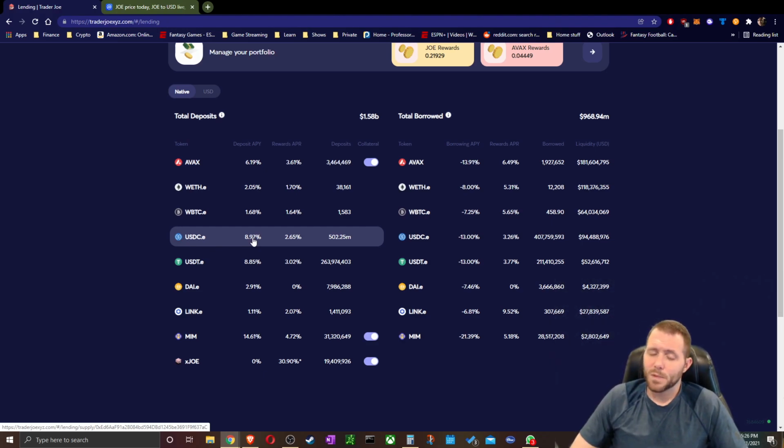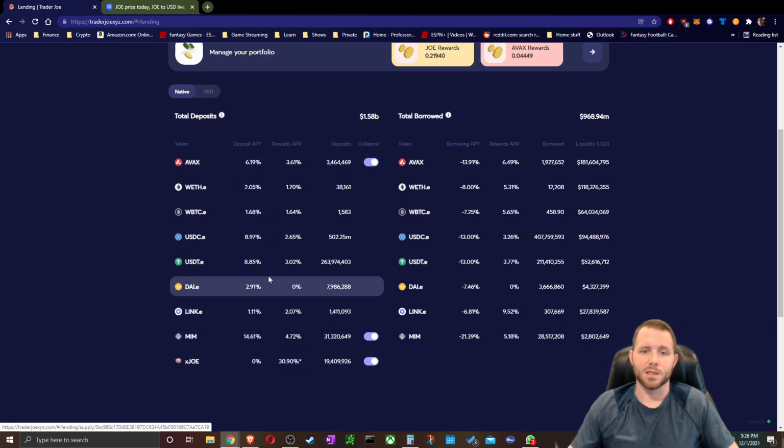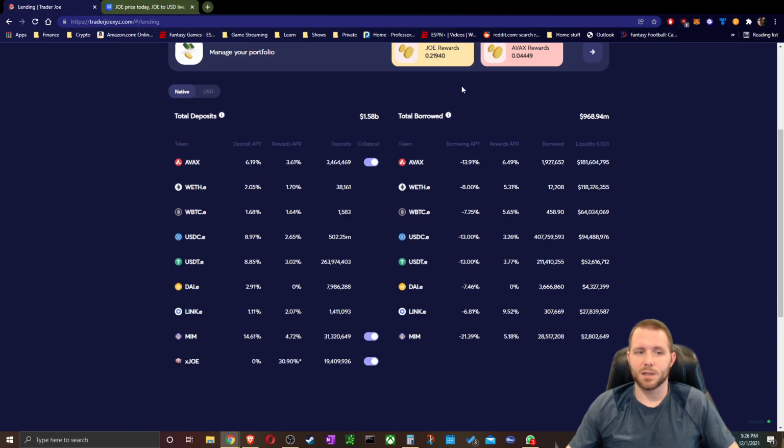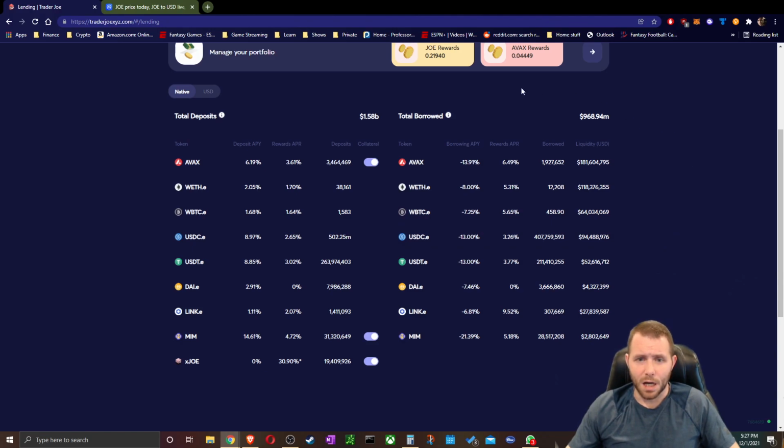So what we want here is, okay, we have a way to now make sweet APYs on any of these tokens. And let's look over here at the borrowed side and see what's going on, and then we'll explain how we can do a more complex strategy. So this is essentially pretty simple, right?